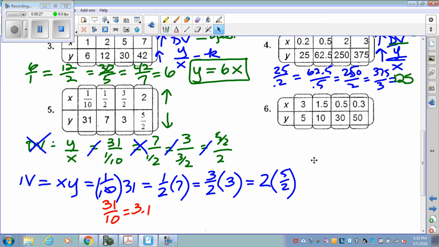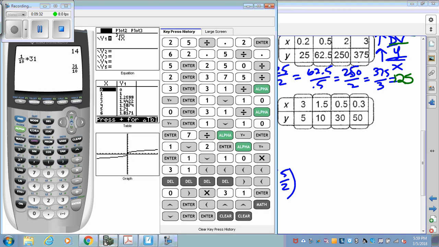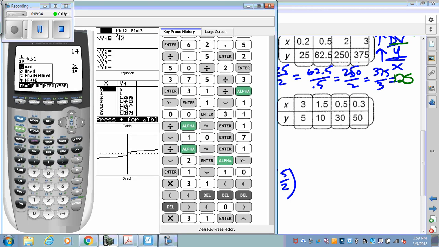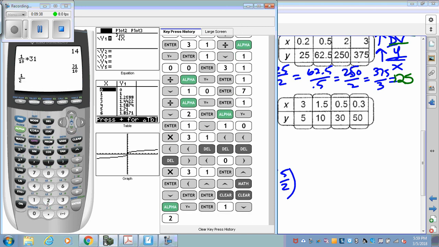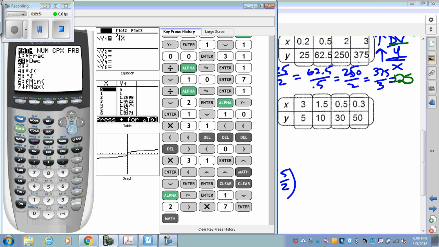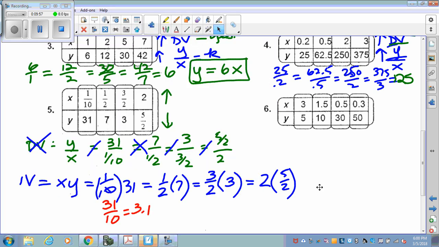Now let's do 1/2 times 7, and I get 7/2, which I'll make into a decimal, 3.5.